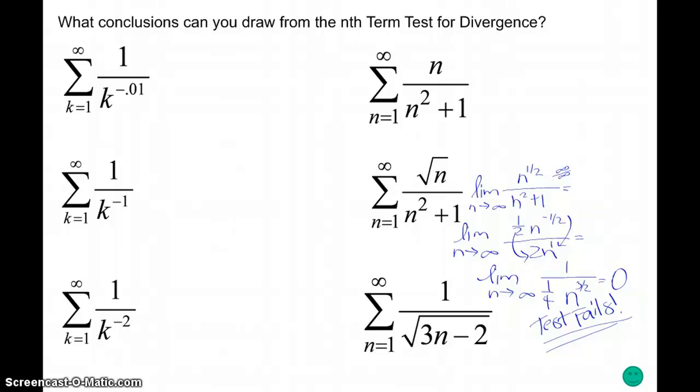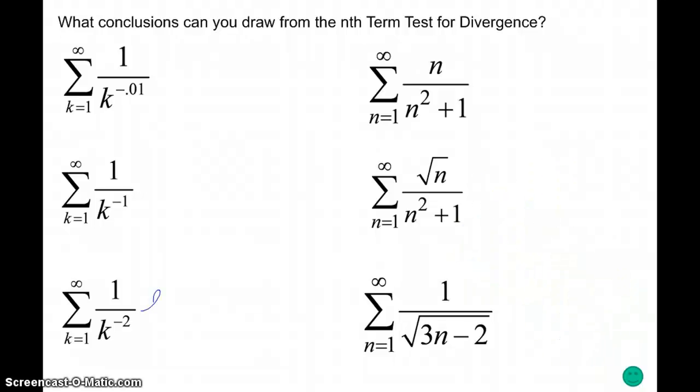And we're going to learn more tests in subsequent lessons. But I think you're getting the general idea. The limit as n approaches infinity. This is actually k squared. That's definitely diverging. It's not enough to just say diverges.